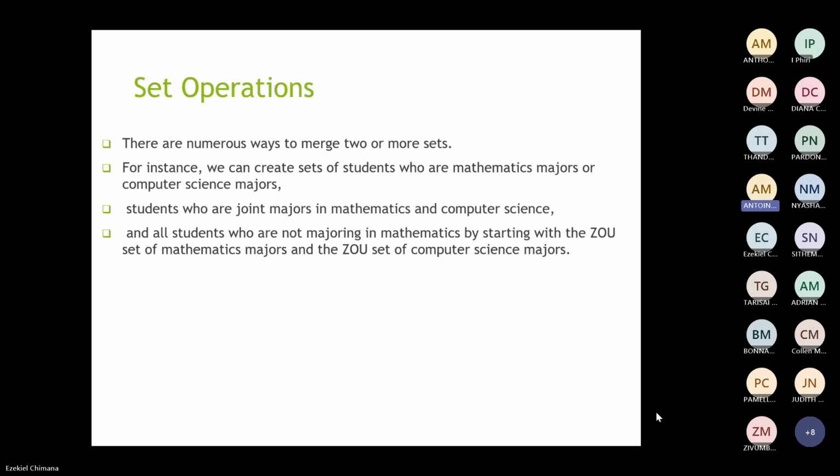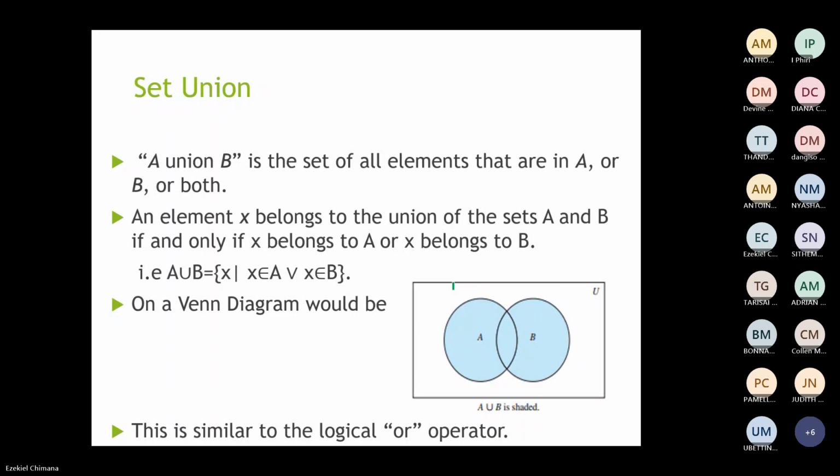For instance, we can create sets of computer science majors, students who are joint majors in mathematics and computer science, and all students who are mathematics majors and the whole set of computer science majors. Sorry, my network is very bad. Next slide, yeah, thank you.